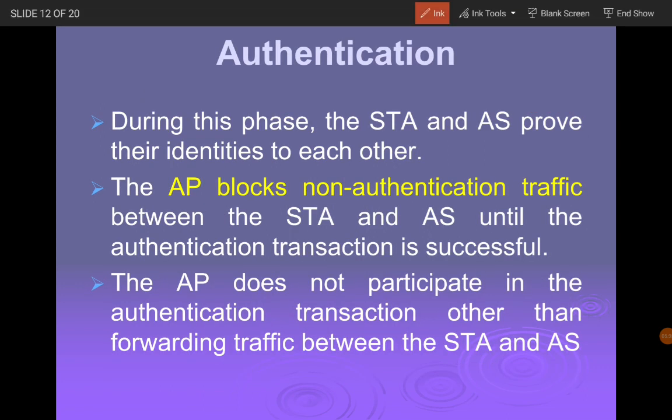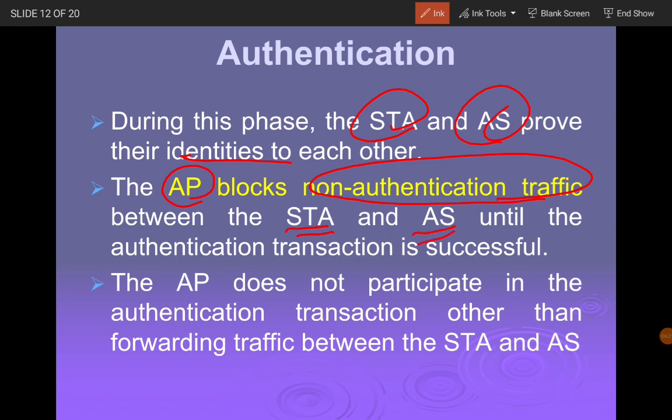What is authentication? As I told, the station and the authentication server both exchange their identities with each other through the access point. The access point blocks any non-authentication traffic between the station and the authentication server.